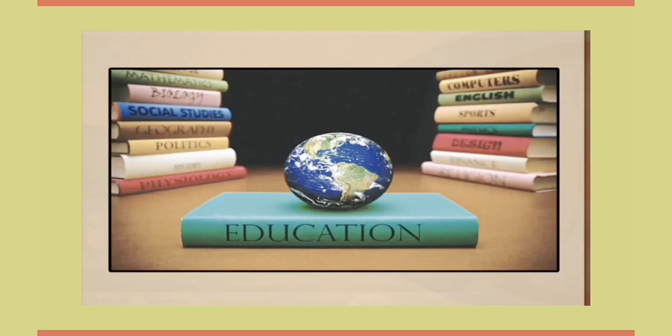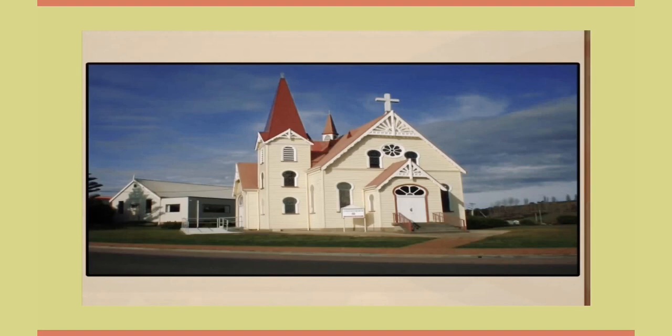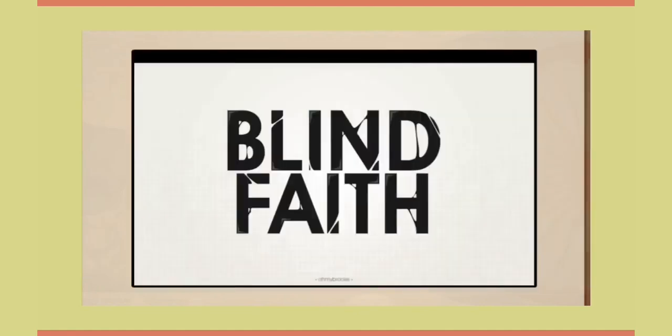The education was confined to the church. The church also became conservative and authoritarian. It started propagating blind faith and superstition. It led to the spread of ignorance across Europe.